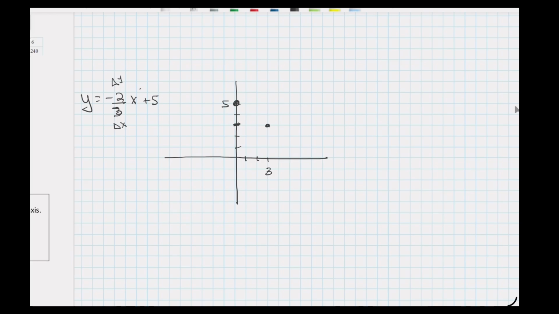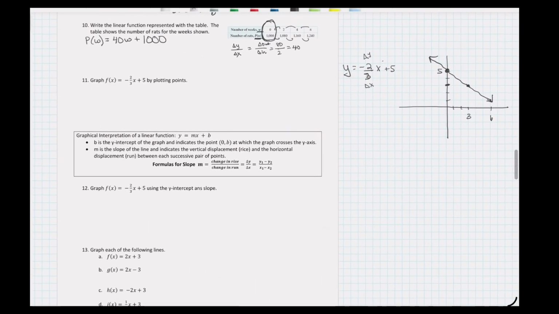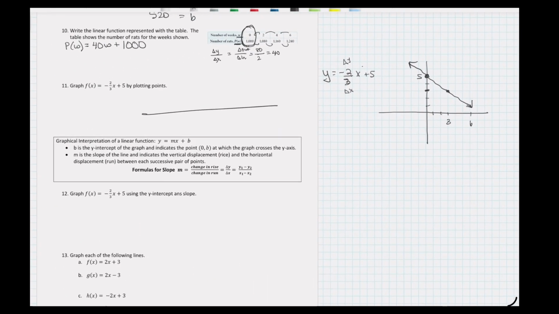I can follow the down 2 over 3 again to get a better graph. My device doesn't like to do straight lines, so you'll have to pretend. Okay, so that is that one.